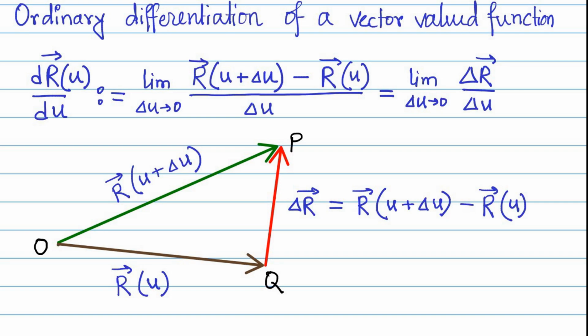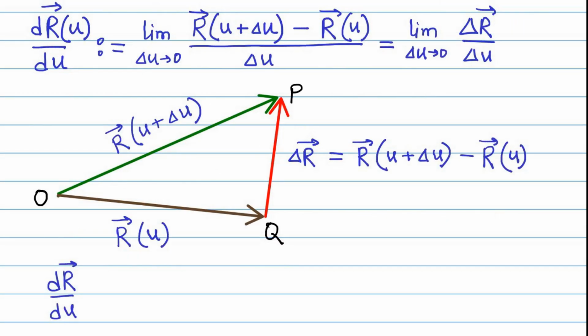Of course, as delta u goes to 0, this point Q goes more and more towards P, and at the end point, yes, delta r tends to be 0, but also delta u tends to be 0 as well, so that its ratio remains a definite answer, which will be some other vector.